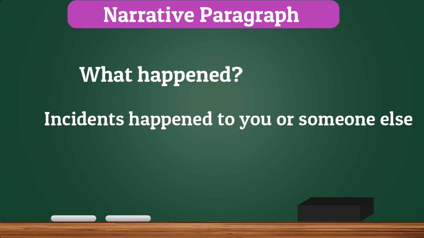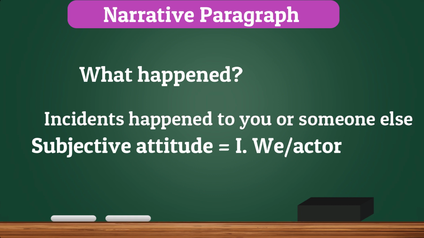So most of the time with this subjective attitude, you have to use either I or we, the first pronoun, whether singular or plural. Here you are not an eyewitness; you are an actor.